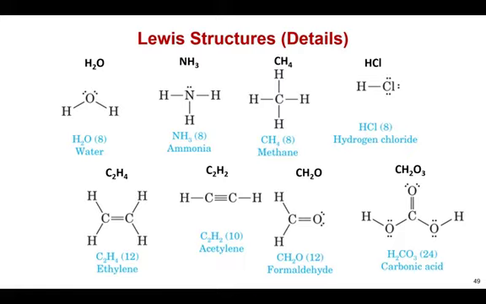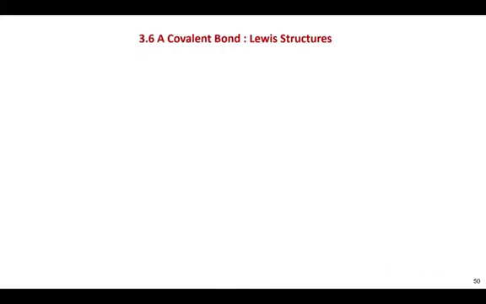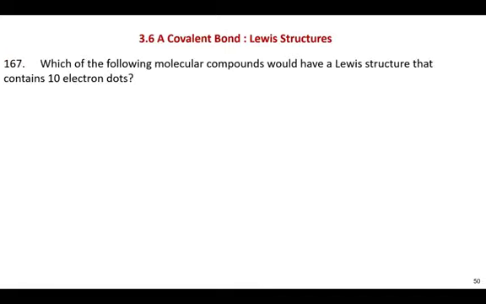Now let's answer some questions about Lewis structures. Which of the following molecular compounds, the same as covalent compounds, would have a Lewis structure that contains 10 electrons? Now you have to count the electrons. How many electrons does HCN have? How do you get that? HCN: hydrogen has 1, carbon has 4, nitrogen has 5.